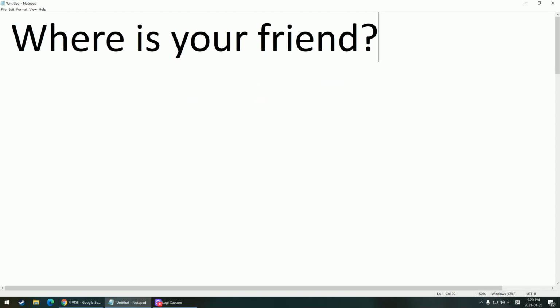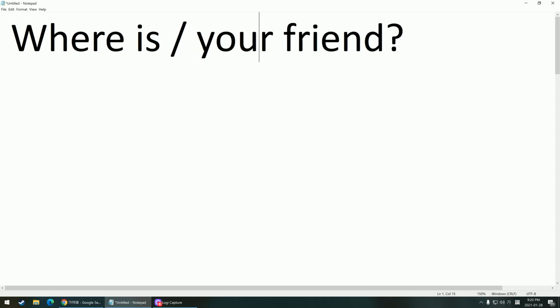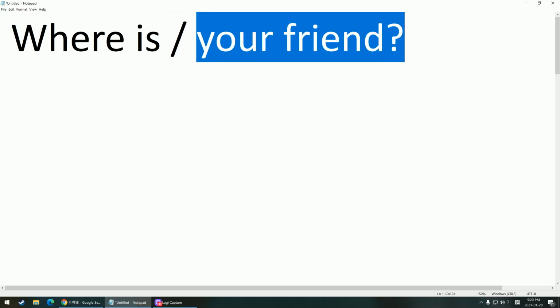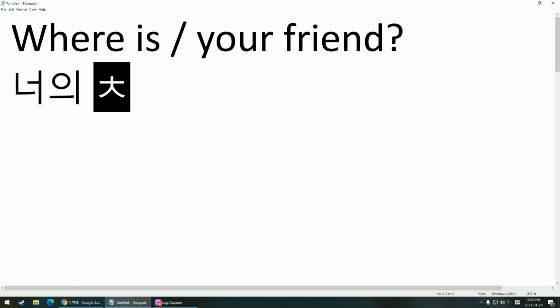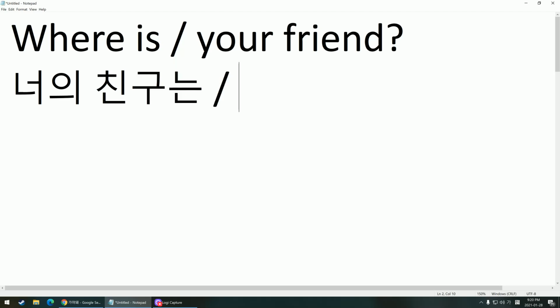All right, let's look at this sentence. Where is your friend? Your friend in Korean is 너의 친구. And then you can say the optional 는 particle. 어디 있어?